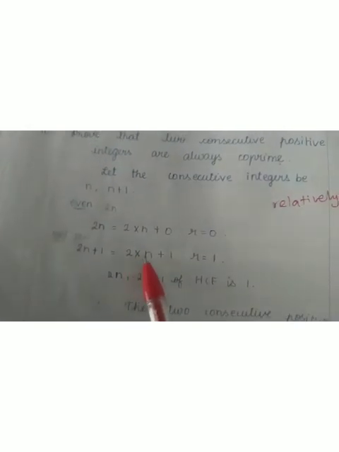So let the integers be n and n plus 1. First we take the even number 2n equals 2 into n plus 0. Here r is equal to 0. Next, the odd number 2n plus 1, which is 2 into n plus 1, here r equals 1.